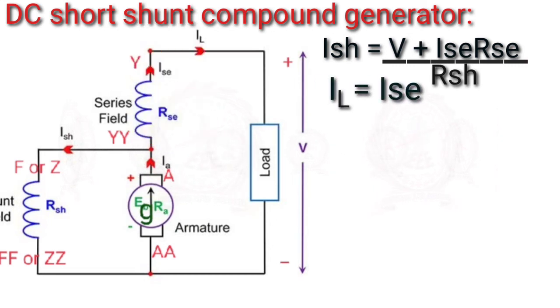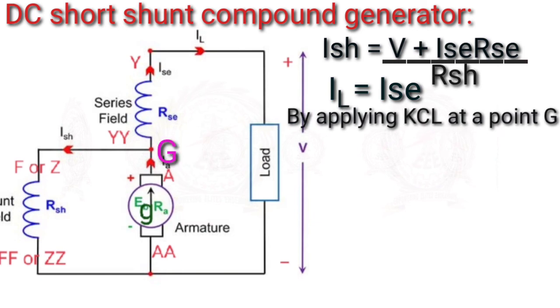Here IL is equal to ISC because current flows in the same direction. By applying KCL at point G, IA is equal to IL plus ISH. IA is the incoming current and both IL and ISH are outgoing currents.